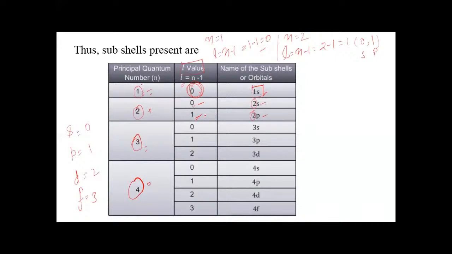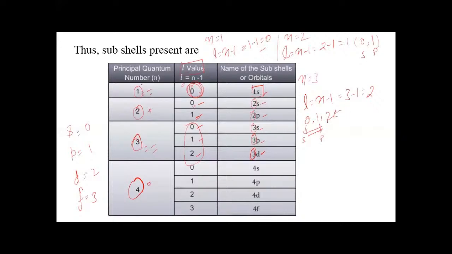Okay, now third main shell, n value is equal to 3, formula l is equal to n minus 1, that is 3 minus 1 is equal to 2. It means it has 0, 1 and 2 l value. So here is the answer. You can see 0, 1, 2 are the l values in main shell third. So this 3 is the principal quantum number, and s, p and d notations are given when l value is 0, when l value is 1 and when l value is 2.